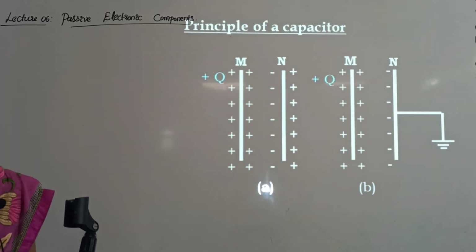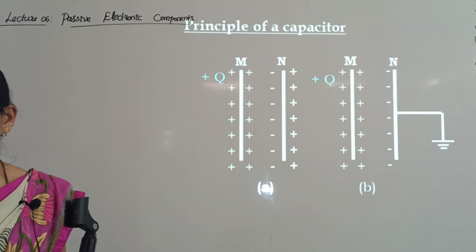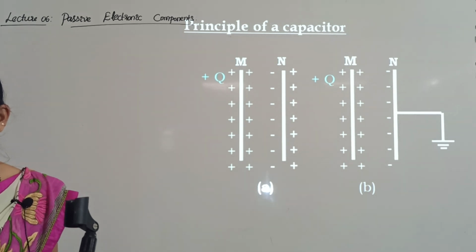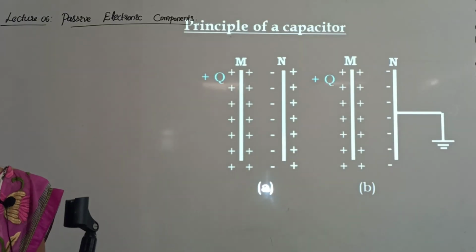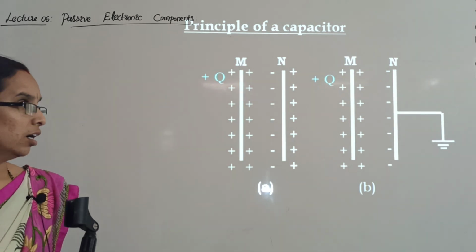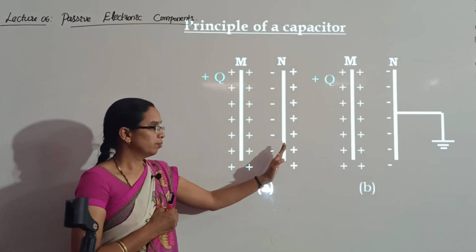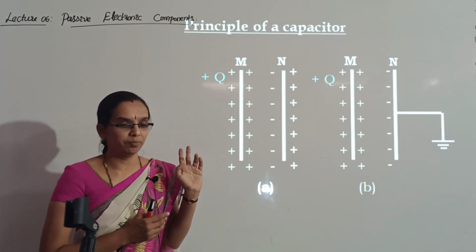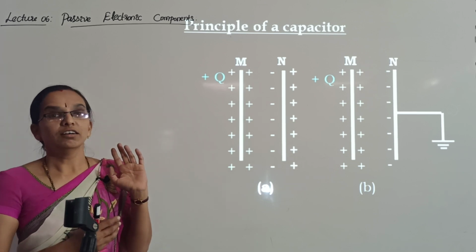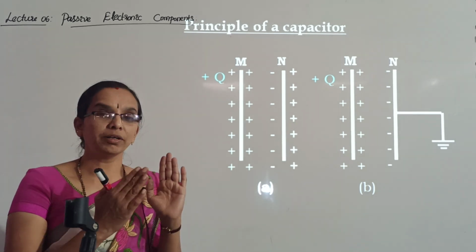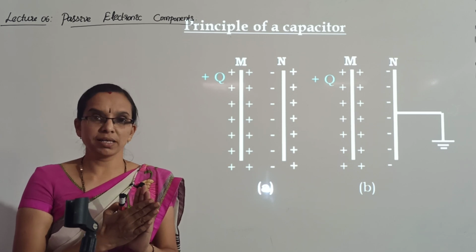Capacitor is an efficient device to store charges in the electric field. The shape of the plates may be parallel rectangular plates, but they should be parallel. In between, the dielectric medium should be present. Why?